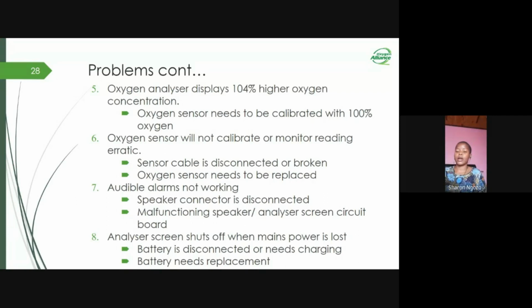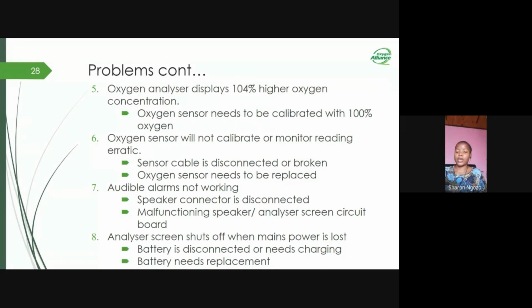Make sure that if you're calibrating the oxygen sensor, you're using an oxygen source, which can be an oxygen concentrator, or oxygen from a cylinder. If you're using oxygen from the cylinder, make sure that it is 100% pure oxygen. Because if you're using anything less than 100% to calibrate the sensor, then it is more likely for you to get this kind of purity on your display.